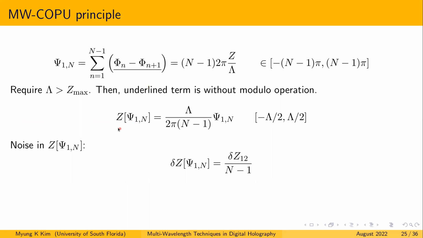So the height profile z obtained from this psi is given by this, and it covers the range plus minus lambda over 2. And the noise in this profile is also reduced from the noise of z1, 2 by the factor n minus 1.